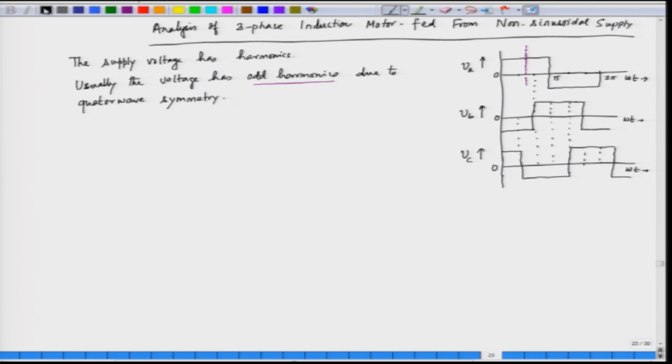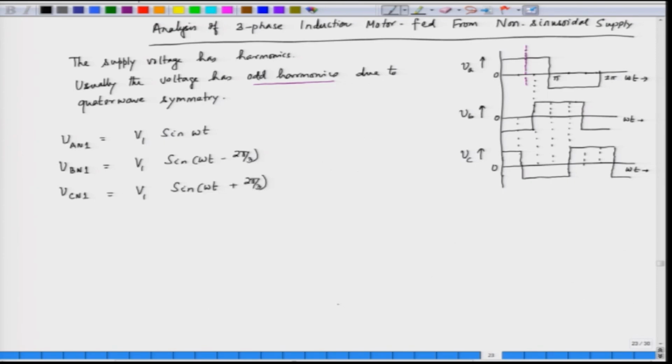So, let us say that we have phase A voltage. Phase A has got a fundamental component, that is V1 sin omega t, and phase B fundamental is V1 sin (omega t minus 2 pi by 3). We have 3 phase voltages, and the fundamental of phase C is V1 sin (omega t plus 2 pi by 3).